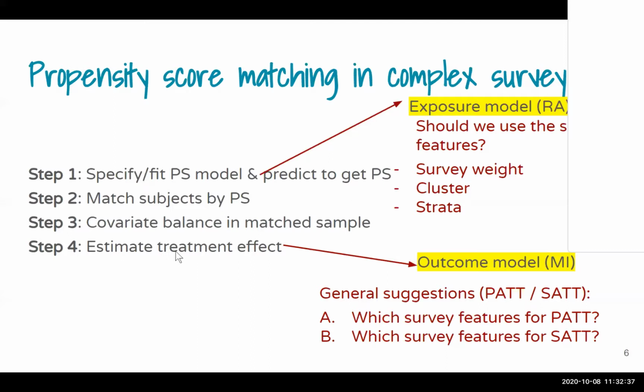We are trying to mimic that same situation: when we are doing the exposure modeling, we are basically doing something similar to the design stage of a randomized clinical trial. And once you create the matched data set, it looks like randomized clinical trial data. Then after you have that matched data and you are satisfied with the covariate balance, you do the outcome modeling in step 4.